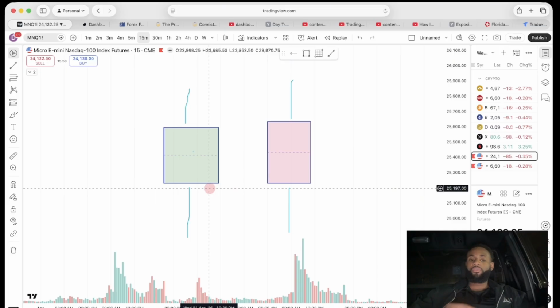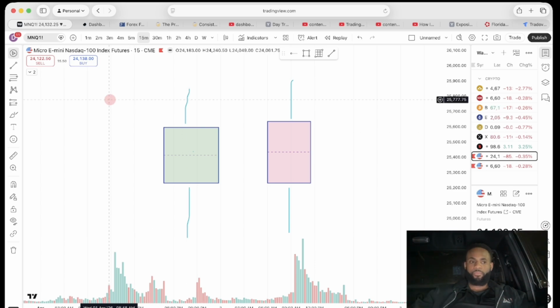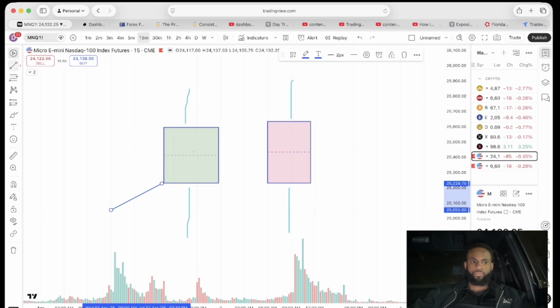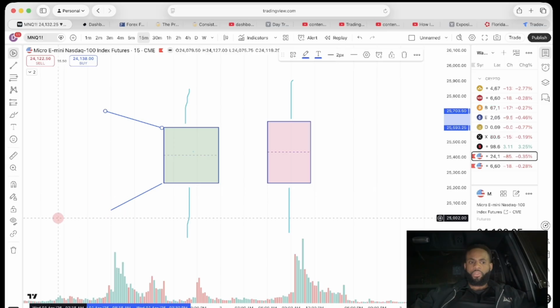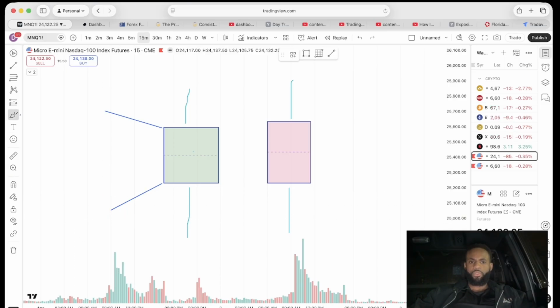in order for the candle to open, there has to be an open, right? So let's mark this out. This is the up candle, remember. So this is open.